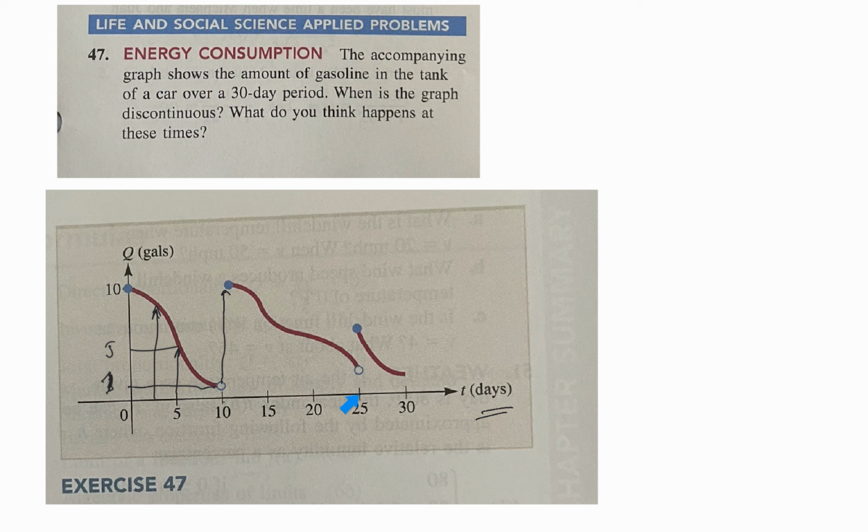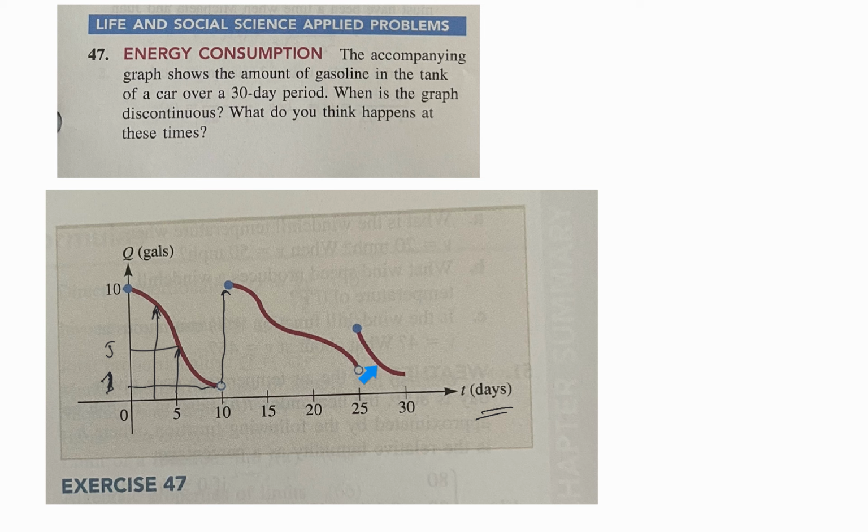But as you approach the day 25, the end of the day 24, starting the day 25, the function is not defined because you approach the gas station and you're filling again, with maybe here was 2 gallons, and let's say here is 6 gallons, you're filling with 4 more gallons. The function is not defined starting the day 25.